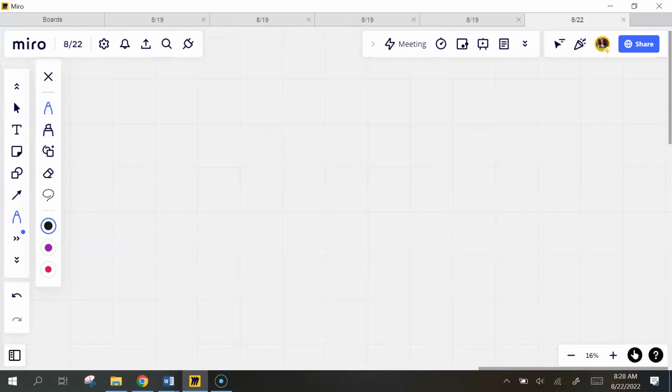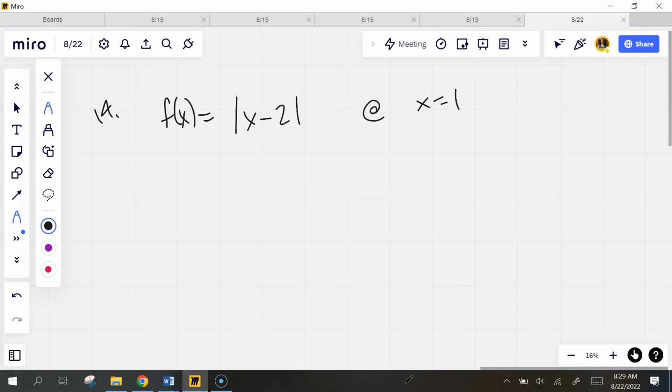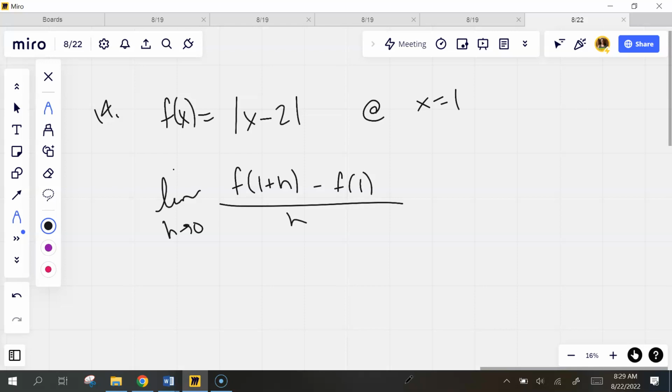Absolute values are not my favorite to work with. This, x equals 1. So difference quotient again as h goes to 0. F of 1 plus h minus f of 1 all over h.